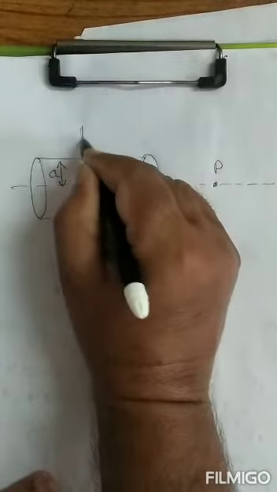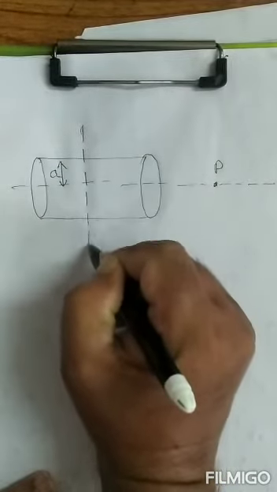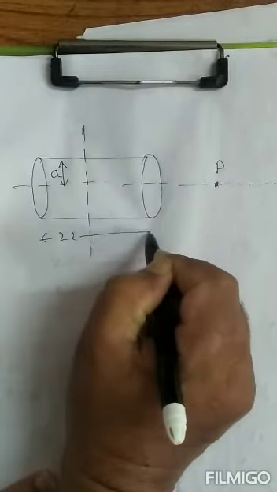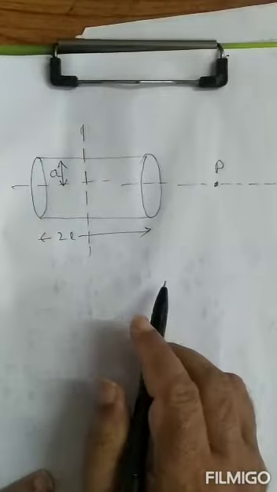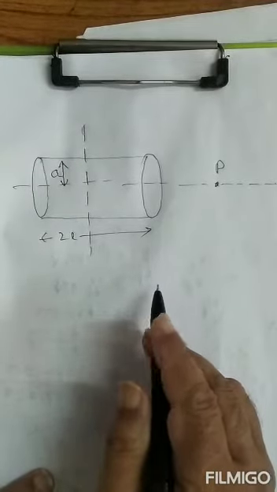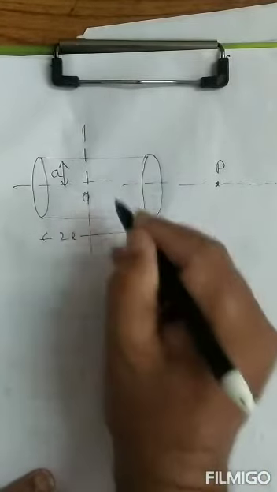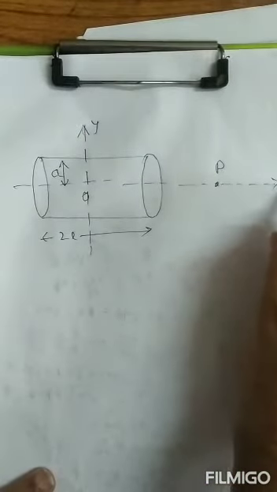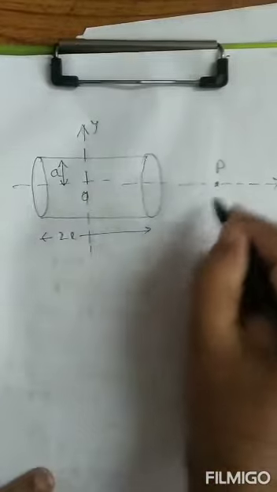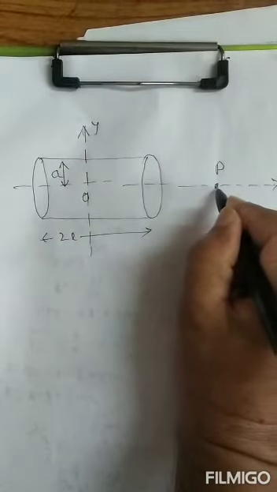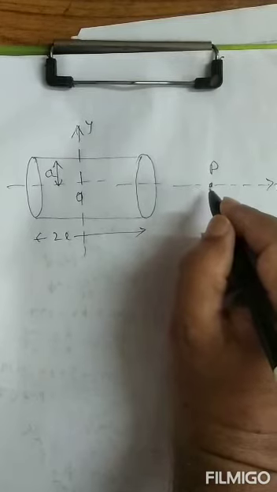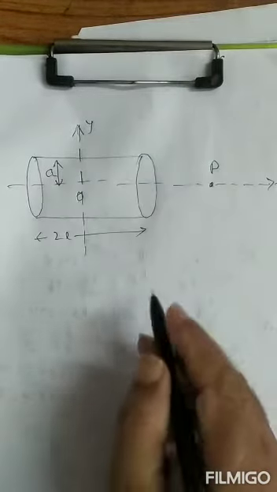This is the center of the solenoid. The length of the solenoid is taken as twice small l. So this is the center of the coordinate system, this is say y-axis and this is say x-axis. We want to calculate magnetic field induction at the point P, from where we have to prove that it is identical to that of a bar magnet.